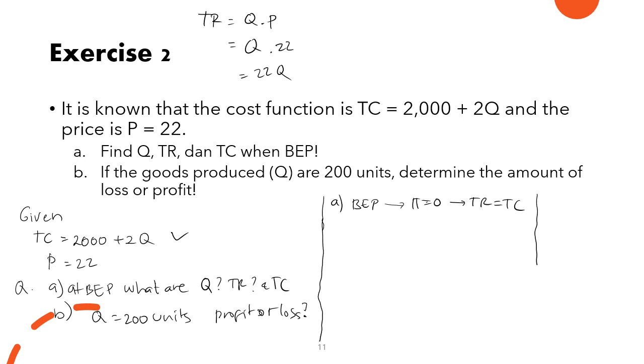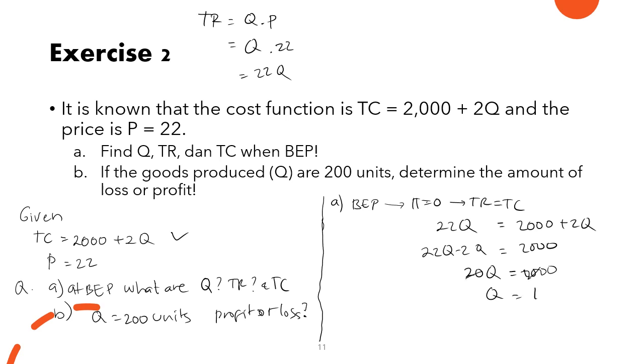Okay, and then TR is 22Q, TC is 2000 plus 2Q. Now collect all the Q's to the left. So it becomes 20Q equals 2000. Then the Q is 100 units.